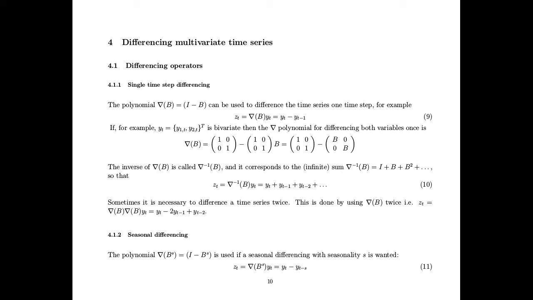That's perfectly fine. And the inverse operator of this operator, as we saw a long time ago, is the infinite sum operator. Here you need a lot of terms to actually do it, because this is non-stationary, so you need everything.